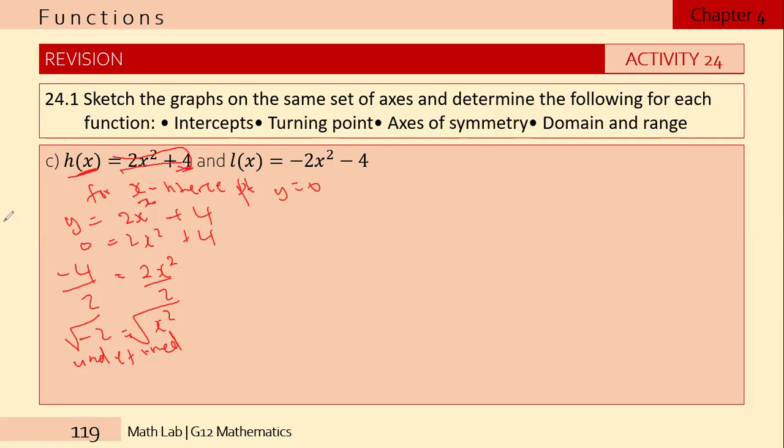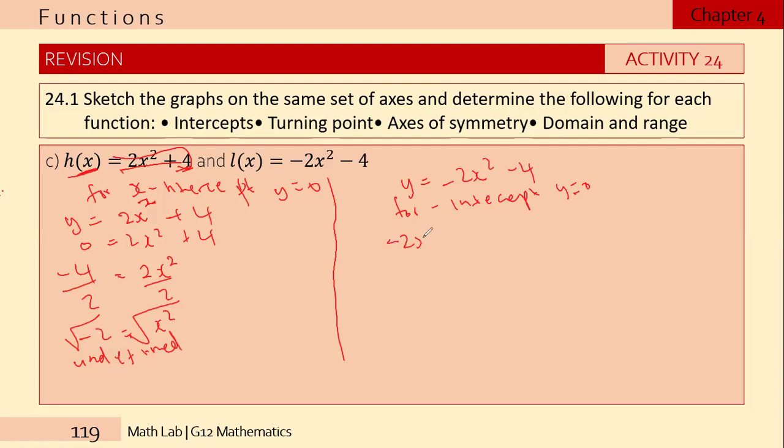So let's do the other graph. Let me erase this. Let's do this one: y equals minus 2x squared minus 4. So for the x-intercept, y equals 0.